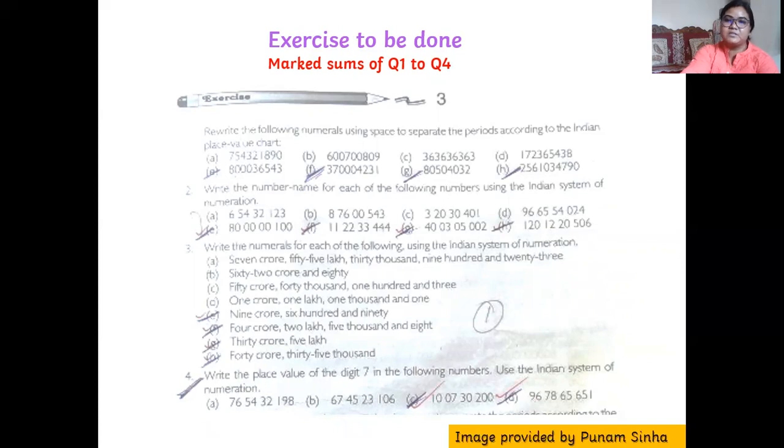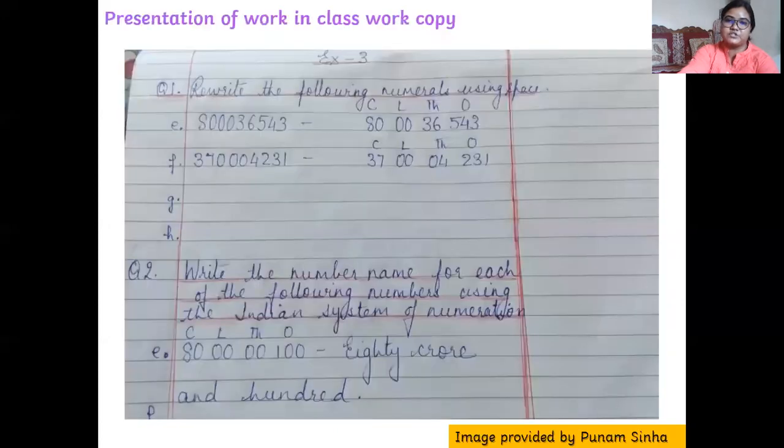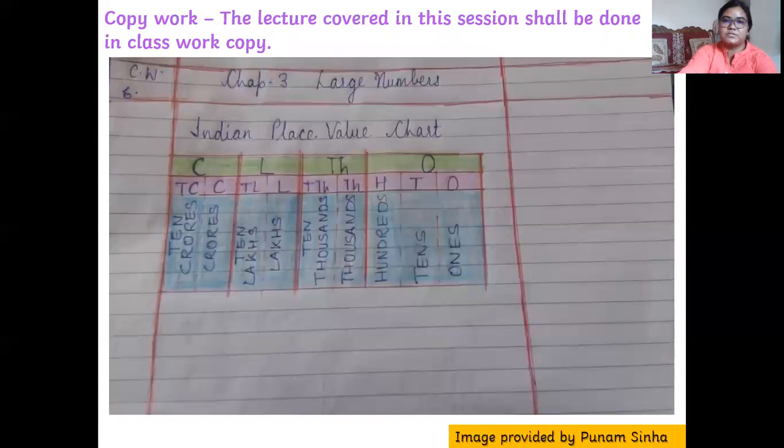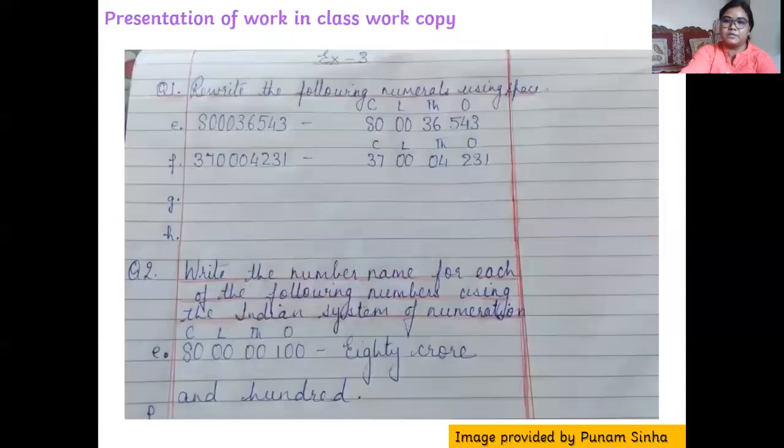This assignment or this classwork you have to do in your classwork copy based on this session. Please review how to present your work in your copy, writing the questions, and then following the solution. So this is how you will start your copy work.